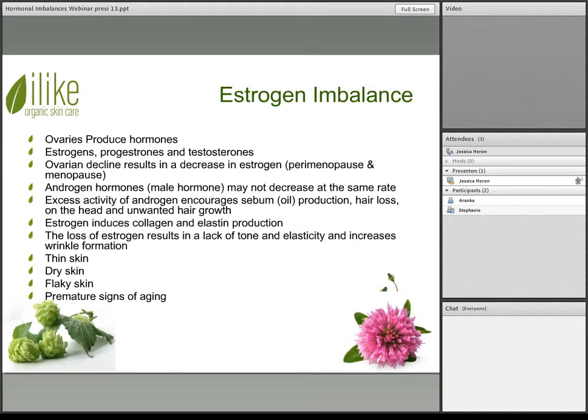It can also cause the skin to look older than the age the woman would normally indicate. So it can make us look a little older than we really are. And collagen loss is highest at the beginning of menopause, when the estrogen level is decreasing.